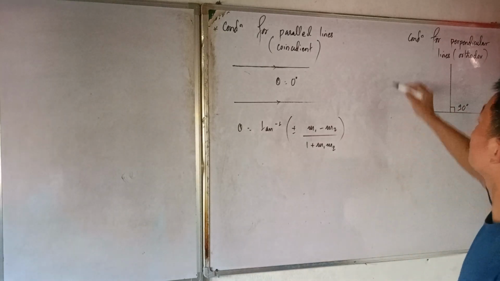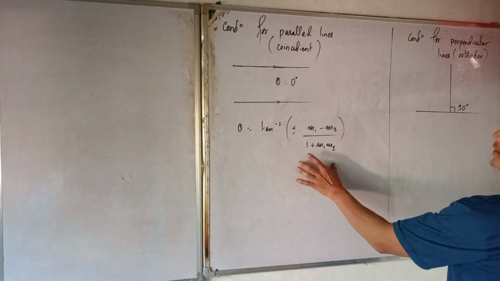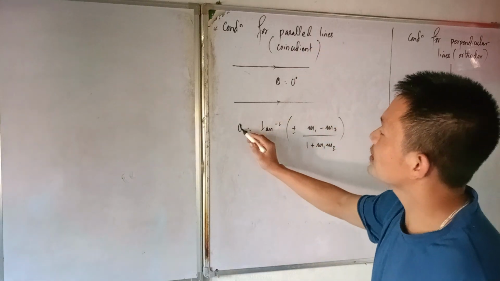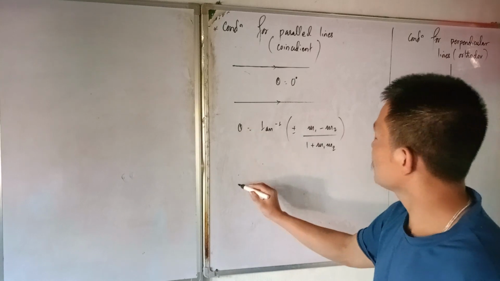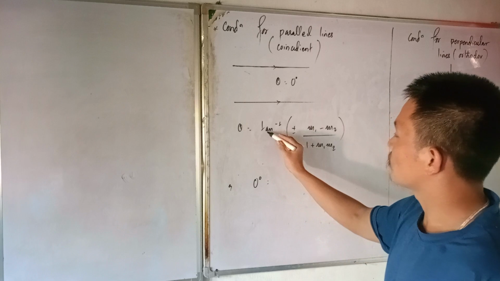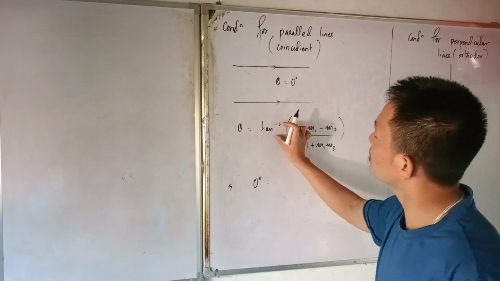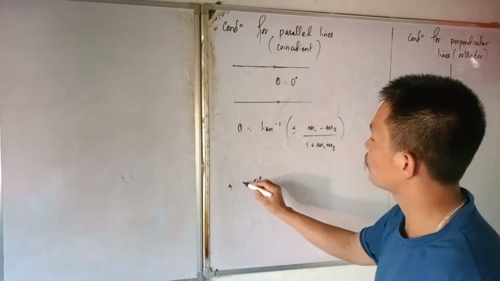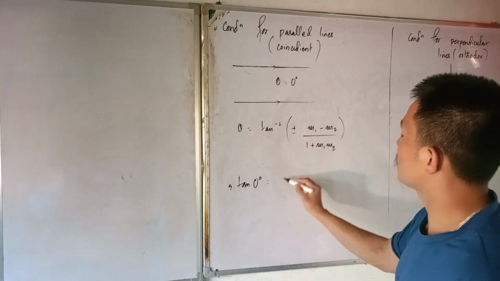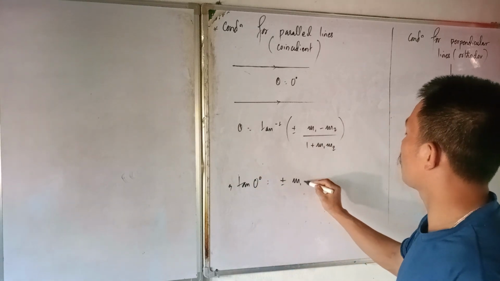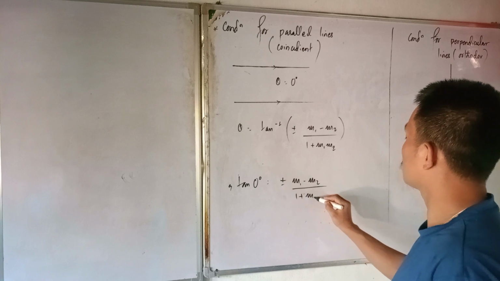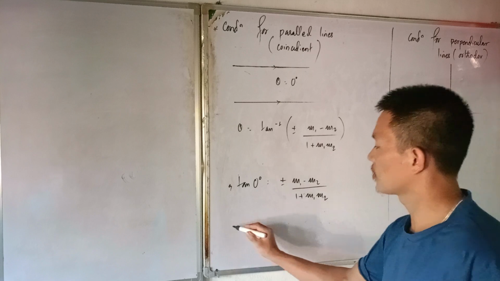In the case of parallel lines, this theta will be 0 degree. If I move this tan inverse to the other side, that will become tan, so I can write plus minus m1 minus m2 divided by 1 plus m1 m2.